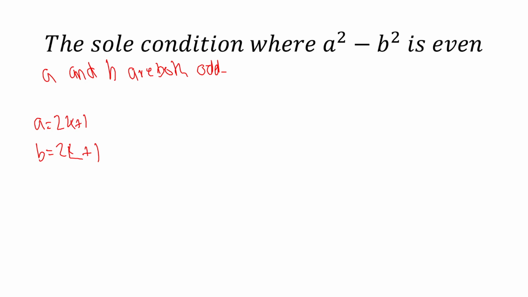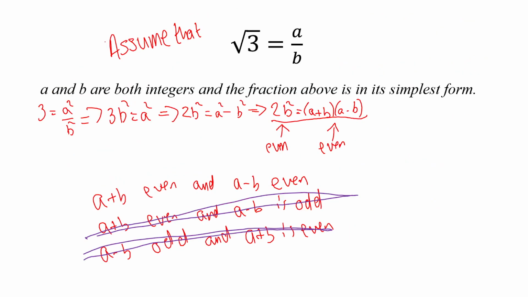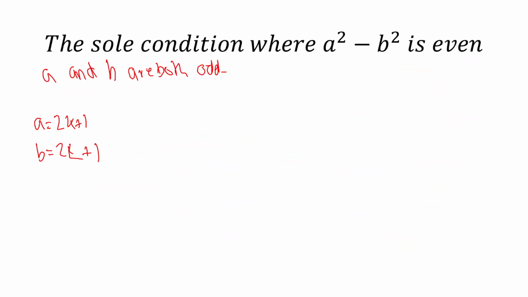So that's where we're at. So let a equal 2k plus 1, let b equal 2L plus 1. If we go back to our equation, we write it as 2b squared equals a squared minus b squared.